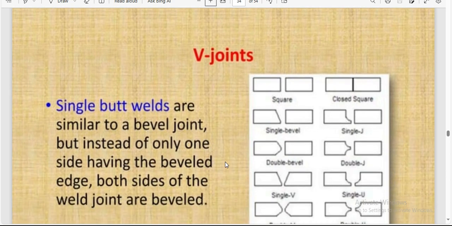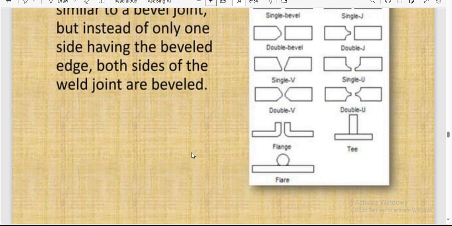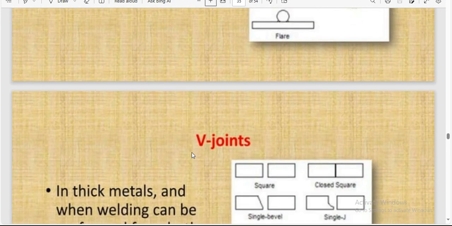V joints. Single butt welds, as you see from those diagrams, single means in one way, double means in two ways. From those diagrams you can easily understand the V joint.